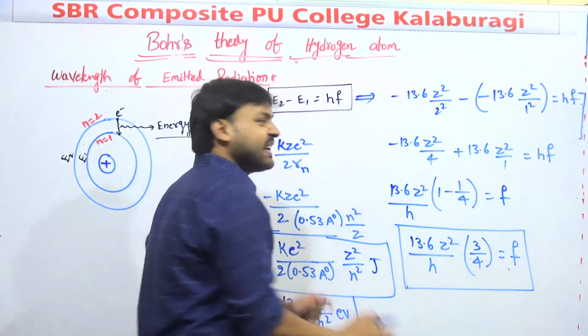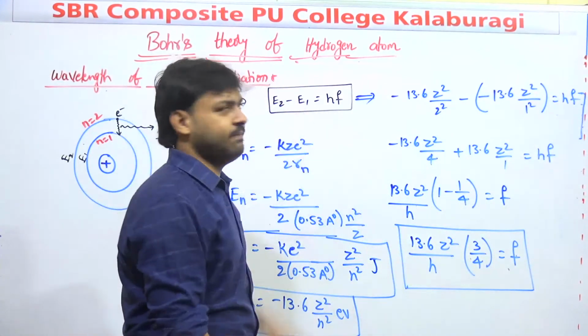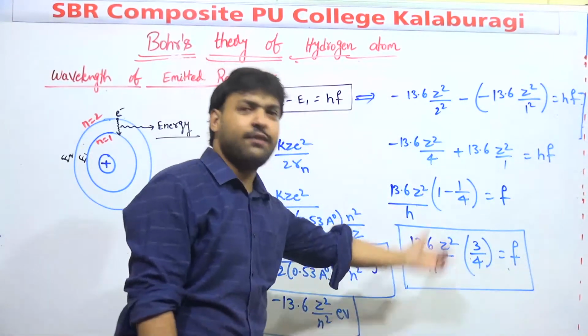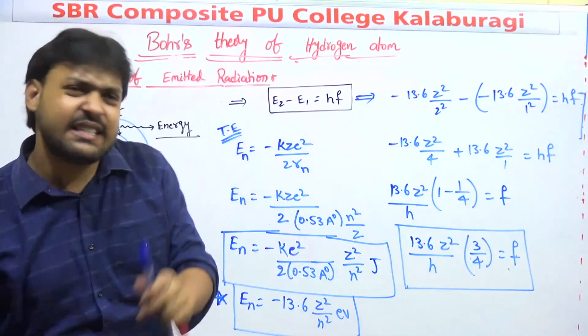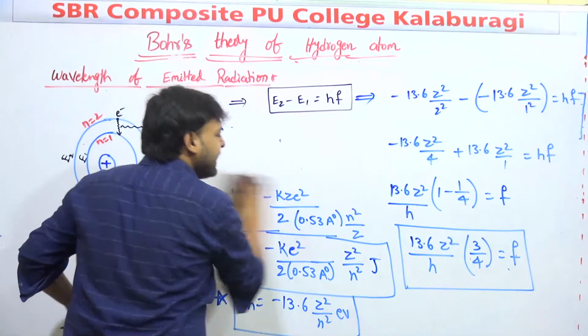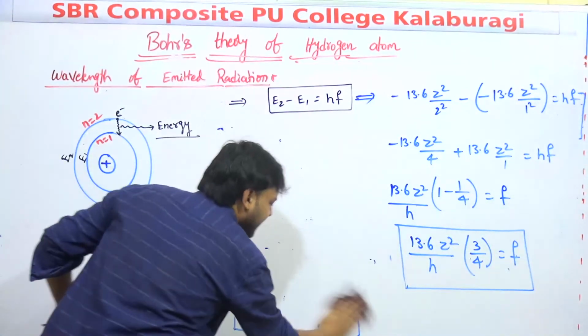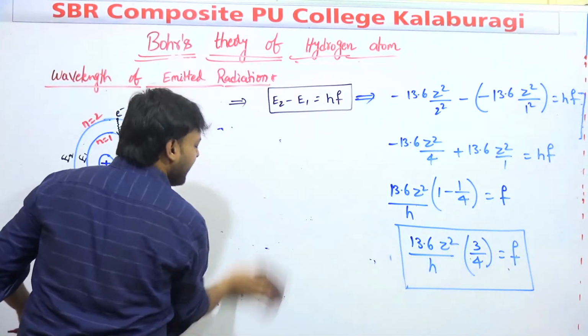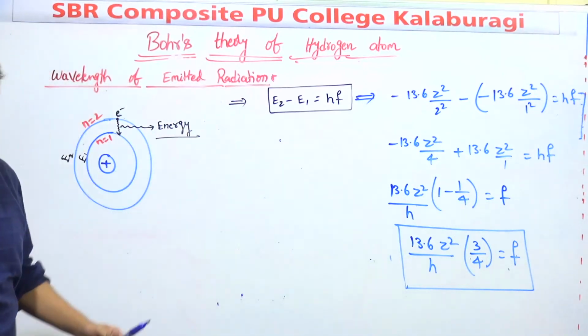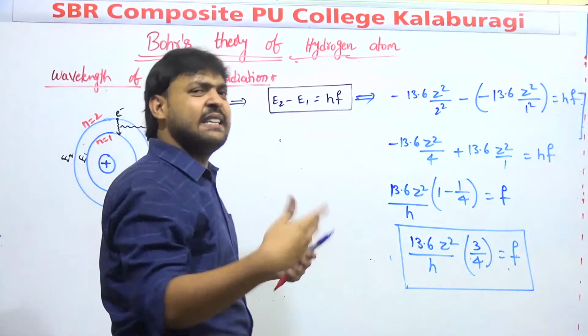If I consider 2 to 1 as an example, we can write a generalized formula. Now, instead of 2 to 1, we will consider n1 to n2; that depends, we'll see later in the series.